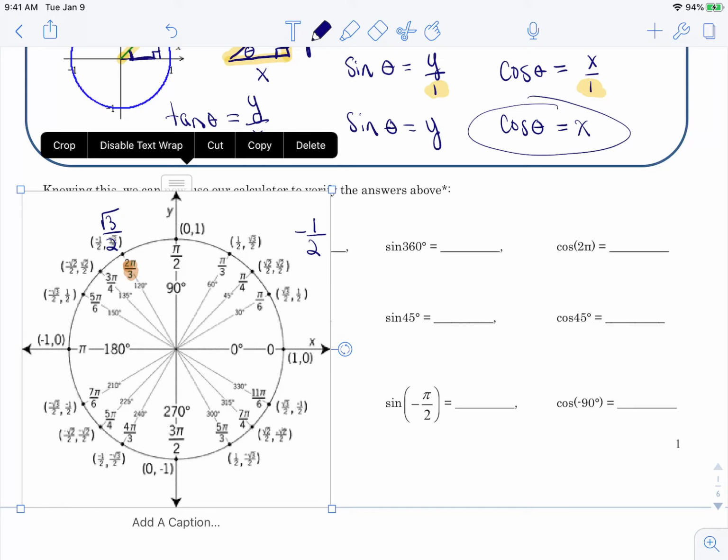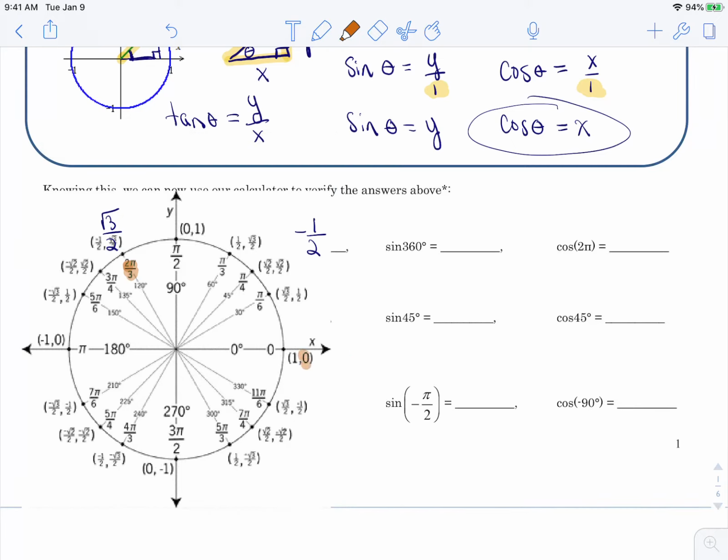My sine is my y value, and so that's why that's 0. Now it's switching up on us. It's saying 2 pi. Okay, well, I'm going to go around the circle 1 full revolution. And 2 pi is just using radians, and that's my x value. And so that's why that's 1.